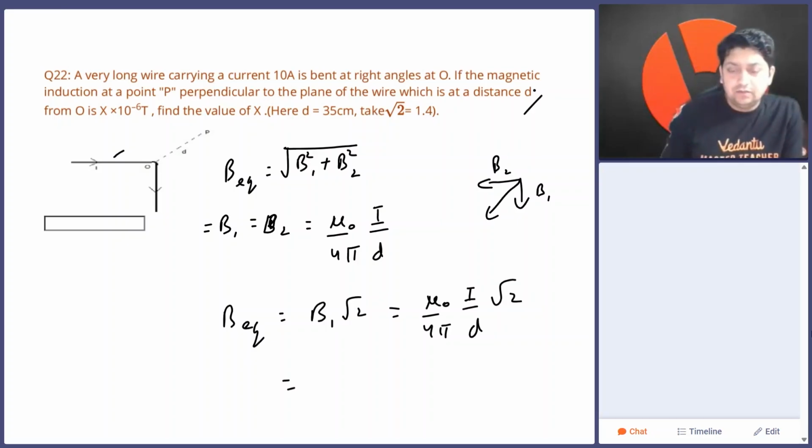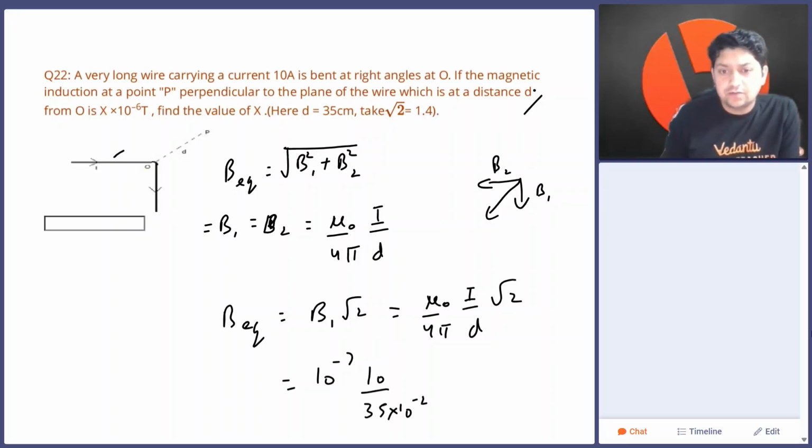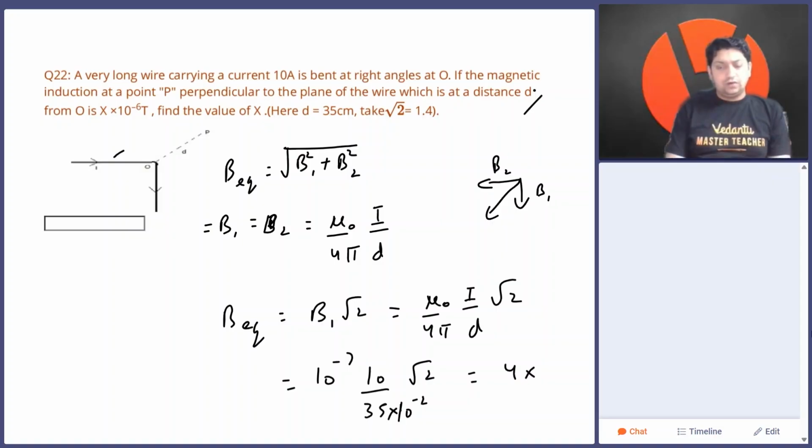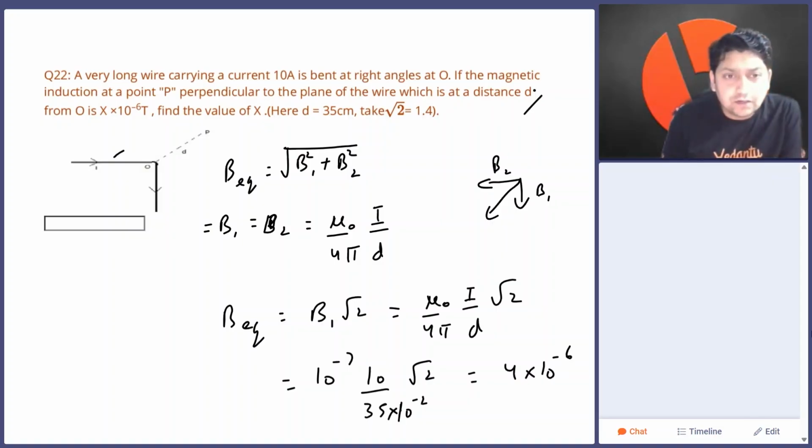Now we can put the values over here: 10 to the power minus 7, the value of current was 10 ampere. The distance is 35 into 10 to the power minus 2 into root 2, that is 1.4. The value of root 2 is 1.4. So when you solve it, you will get the answer as 4 into 10 raised to power minus 6. So the value of x will be nothing but equal to 4, right?